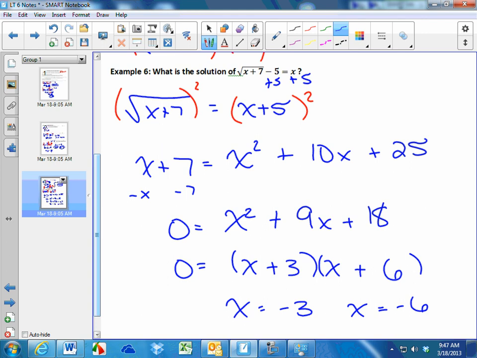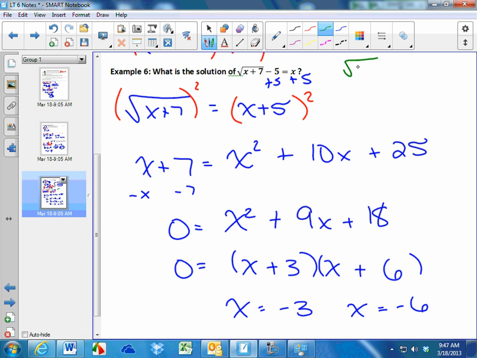Is it negative 3 or negative 6 that doesn't work? You finding it? All right, which one are you thinking does not work? Negative 6. All right, well then let's check that one on the board.